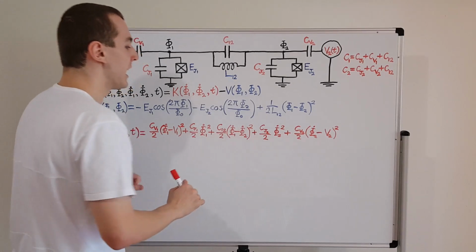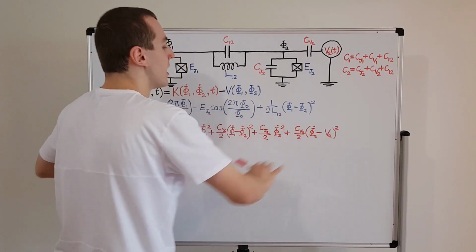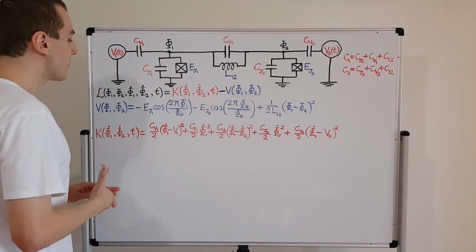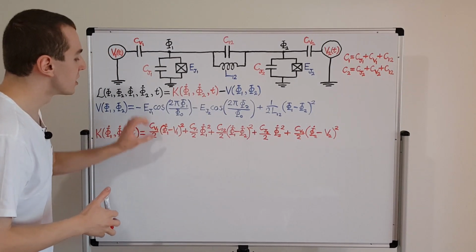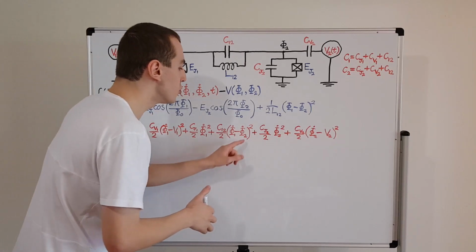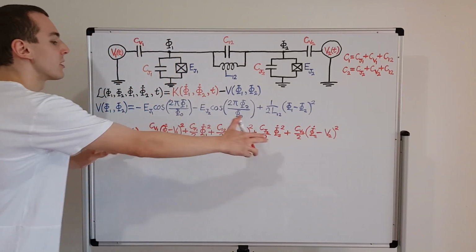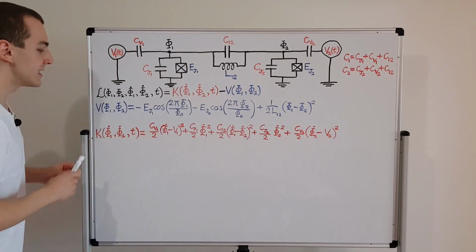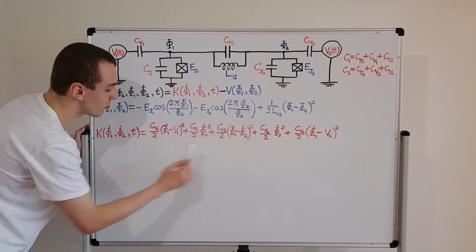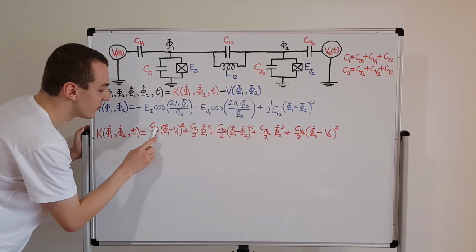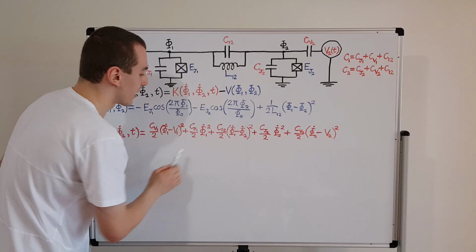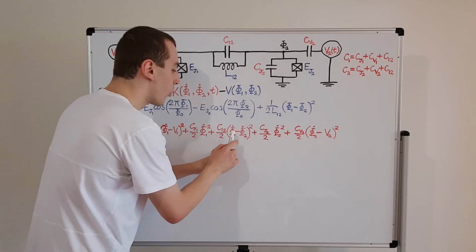Now what I want to do is repackage all of this into a more suggestive form. So first, let's have a look at all of the phi 1 dot squareds and all of the phi 2 dot squareds. Where are they coming from? And let's group them all together into one term. What we see is that if we were to expand all of these out, we would see CV1 occurring as a coefficient. We would also see CJ1 occurring as a coefficient, and C12.